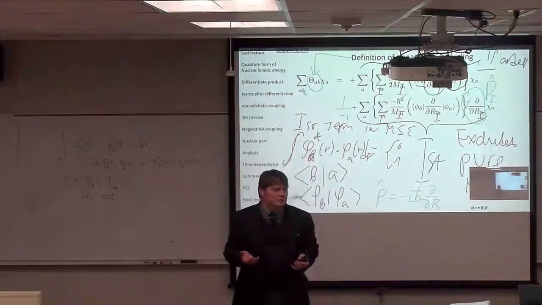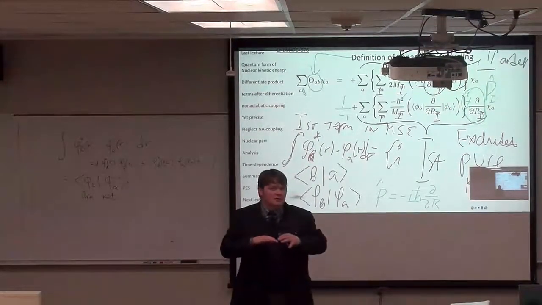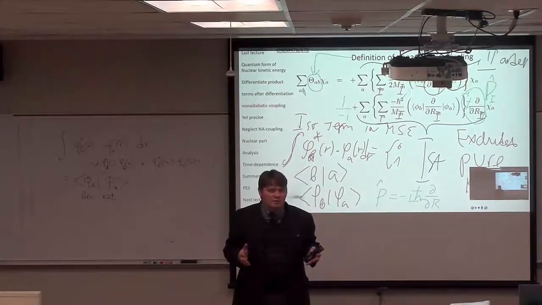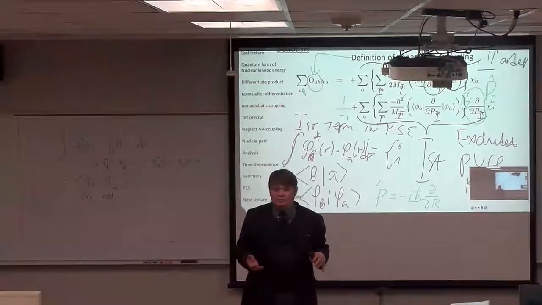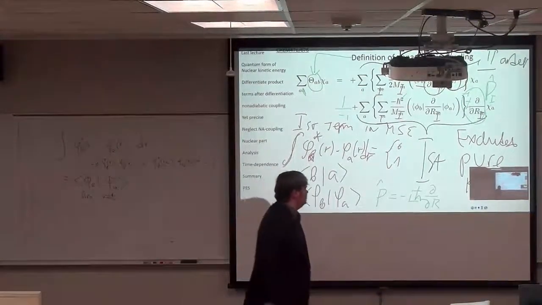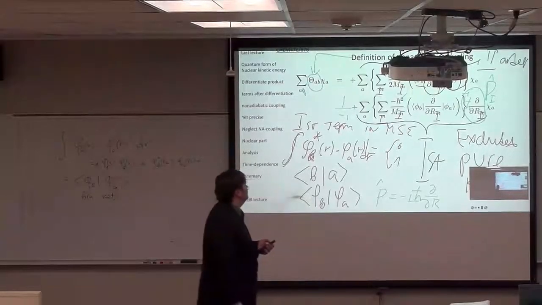Again, let me repeat. These exotic terms are called non-adiabatic couplings. The notation for them is theta sub AB, and they can be dropped if temperature is low, because their main purpose is transitions between different potential energy surfaces.